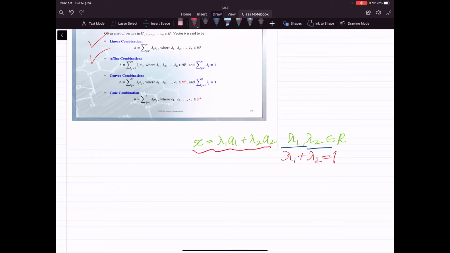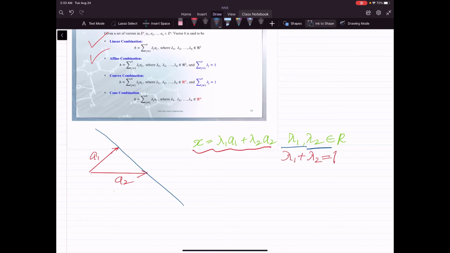Here we have A1, A2. If lambda 1 times A1 plus lambda 2 times A2, and lambda 1 plus lambda 2 equals 1, basically what we have is a line across the tips of those two. So any point on this line will be the affine combination passing through the tips of A1 and A2.